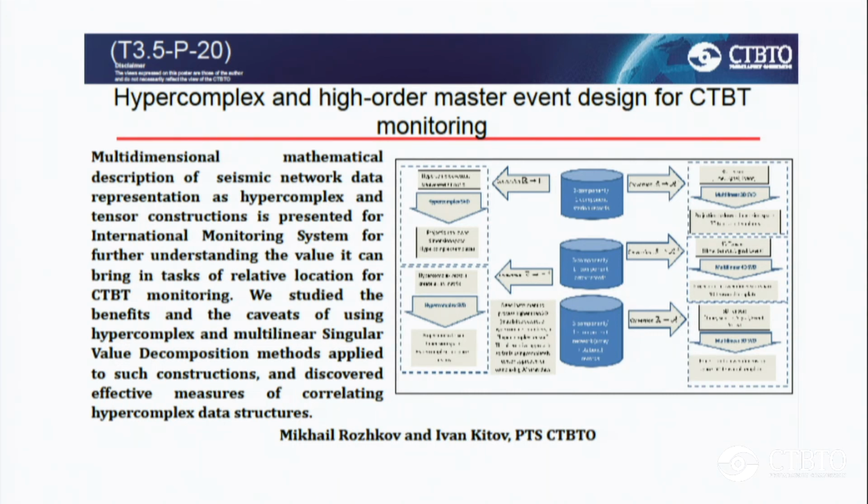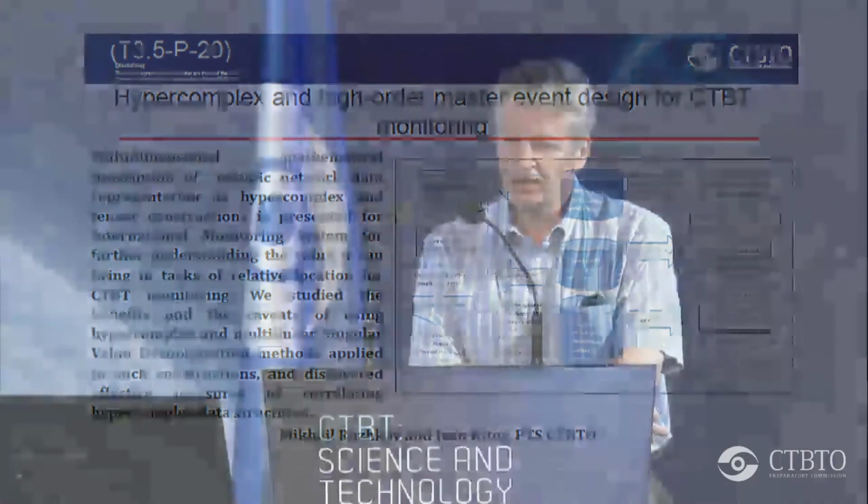So we regarded signals from 3-component stations as 4-component hypercomplex vectors, and the data from more complex seismic installations we regarded as multimodal tensors. And then we applied hypercomplex and multidimensional tensor dimensionality reduction methods to extract the templates used later on in further cross-correlation based relative location methods.